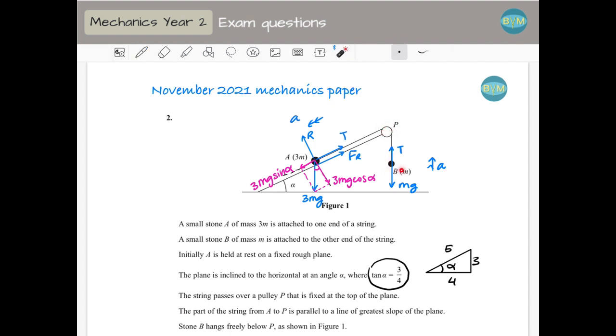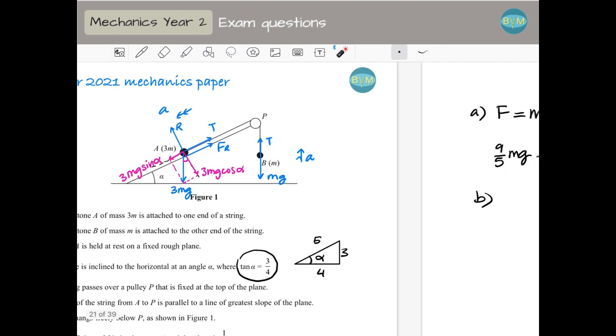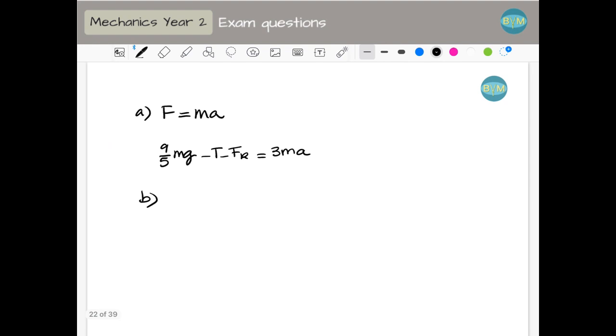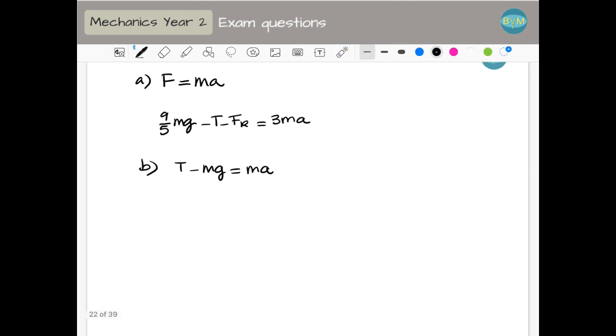So the equation for B is going to be T minus mg, because it's moving up so T is greater than mg, equals mass times acceleration. Again, the same unknowns. So to find acceleration, I'm going to solve these simultaneous equations. But I don't like this, because at the moment the friction is unknown.